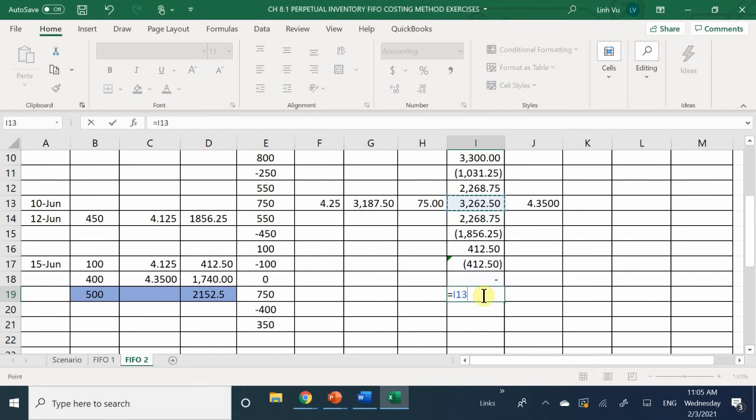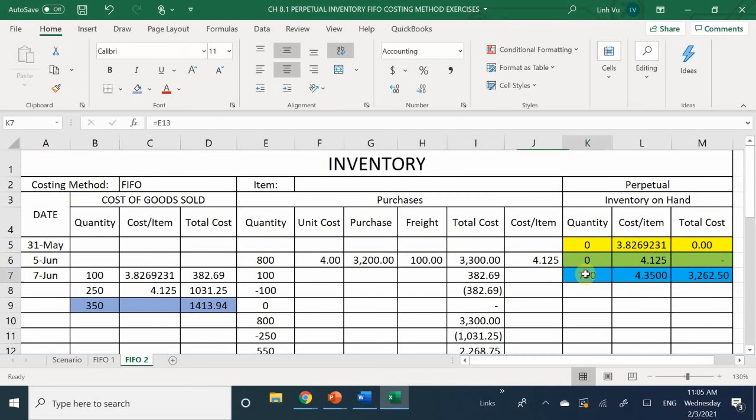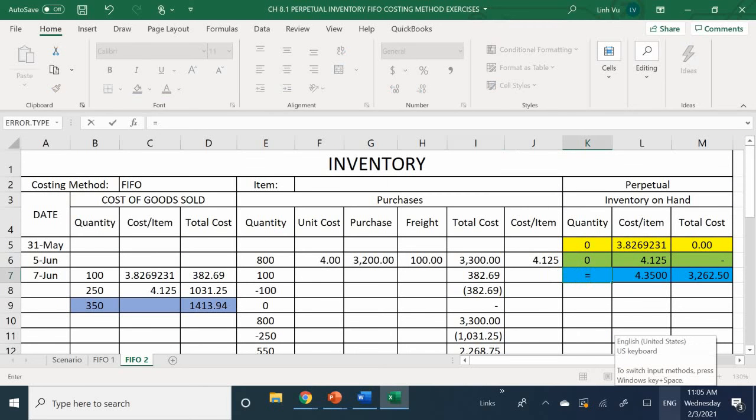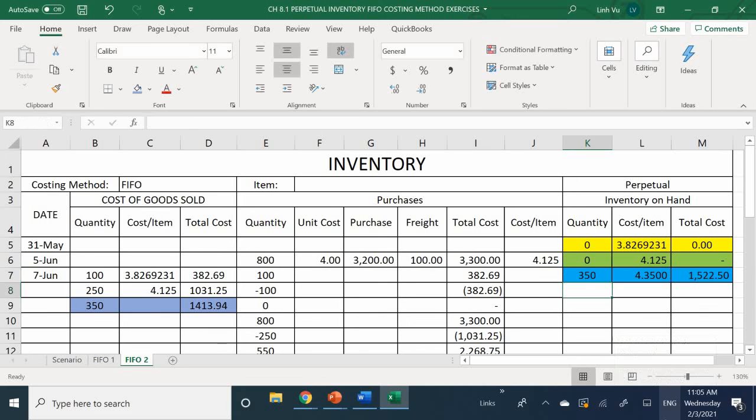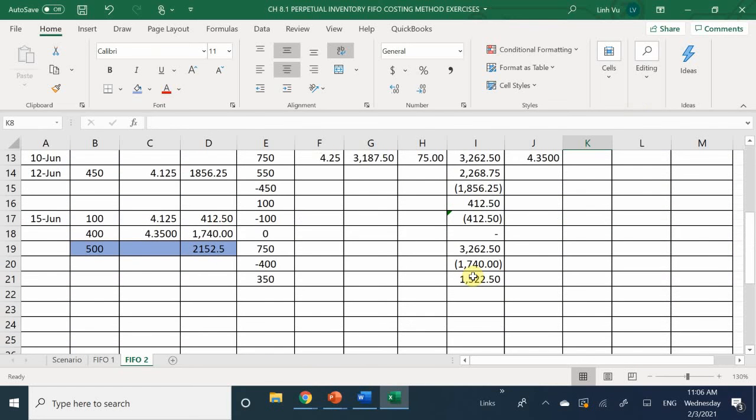I'm going to pull down the information from above and subtract out the 1740, and I should have a remainder of 1522.50. So if I go up here and do 750 minus 400, there you go. I get the same number, 1522.50. Okay, boom. The accuracy of my calculations is correct.